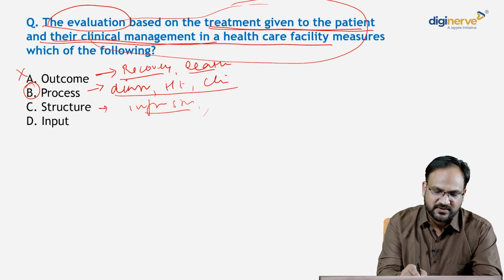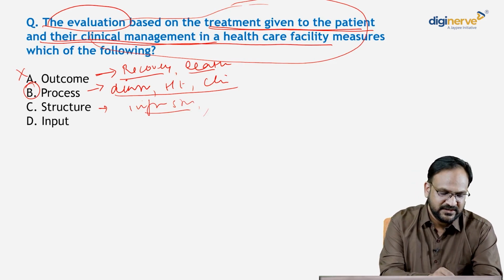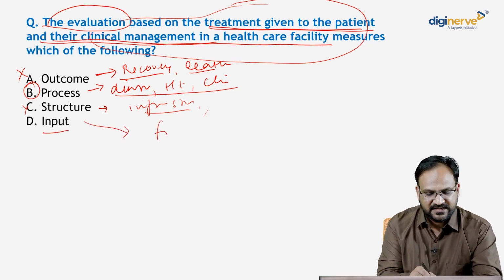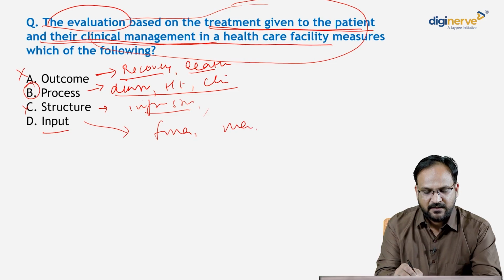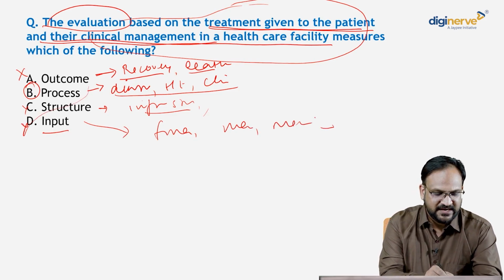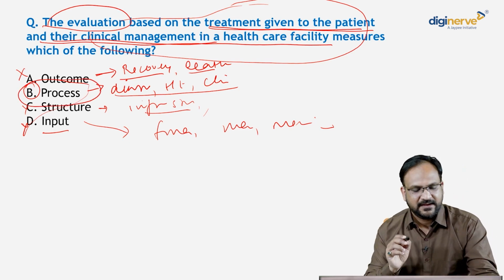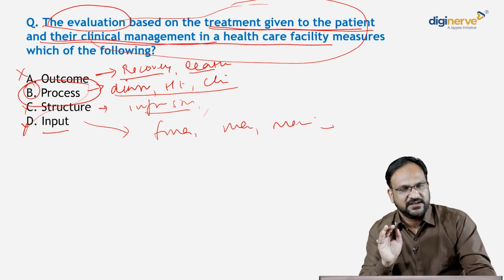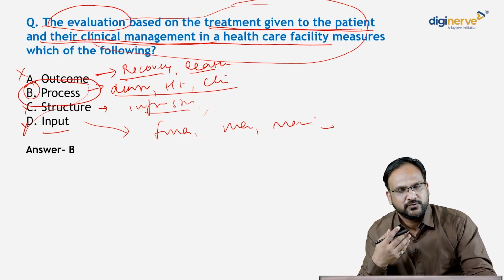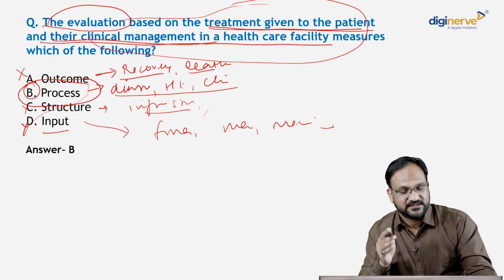So it is not talking about the treatment given to the patient. And what is input? Input is usually in terms of finances, man, machine and money. So this is not the option. I think process will be the best suitable option here. Answer is B. So you can solve the question. You should not be afraid of the question. You should think about the options. You might get the answer.